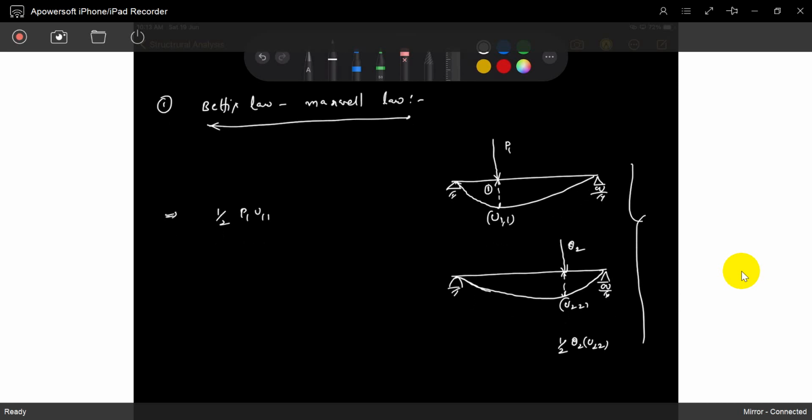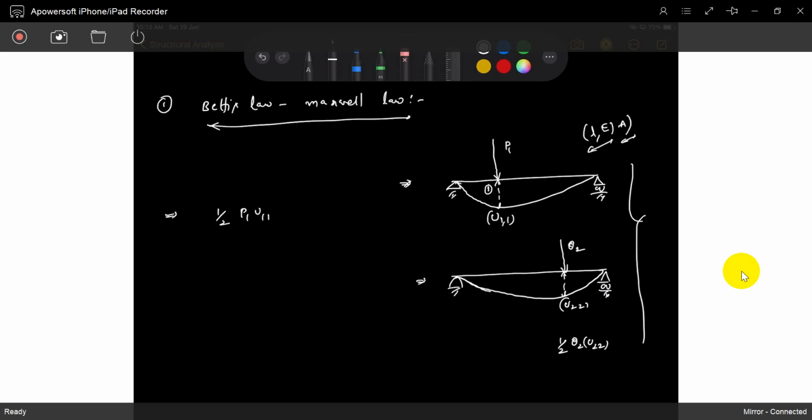My intention is to see this: this is the first, this is the second, these are the individual cases. Same beam, same characteristics of length, cross-section, area, everything.